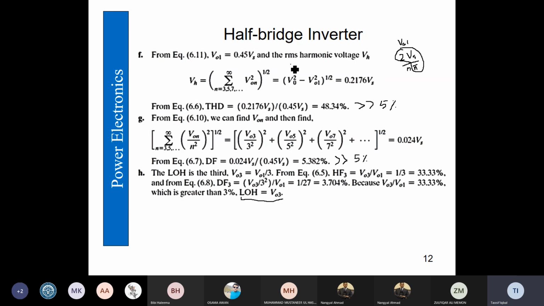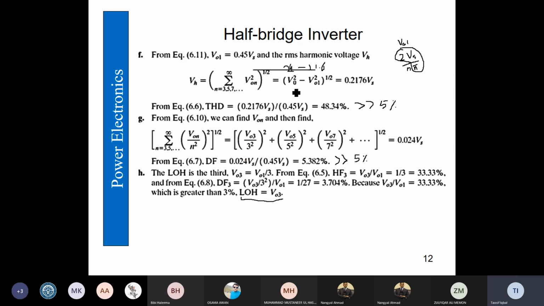So therefore, output voltage is 24, whereas first fundamental voltage is 21.6, and then divided by VO1, which is 21.6, and therefore we are going to get the total harmonic distortion.